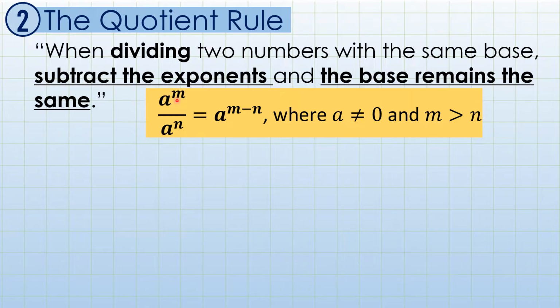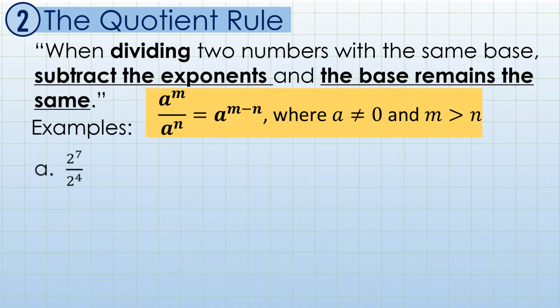Exponent ng numerator minus exponent ng denominator. But take note, dapat yung a hindi maging equal to 0. Dahil pag naging equal to 0, yan magiging indeterminate ang sagot natin. And moreover, dapat yung m greater than n. Mas mataas dapat yung value ng exponent sa numerator sa denominator.